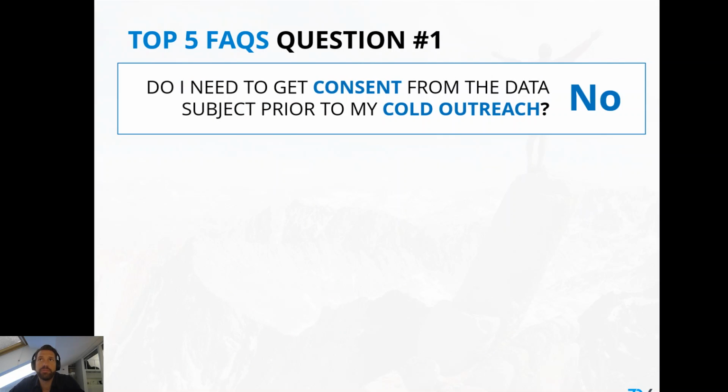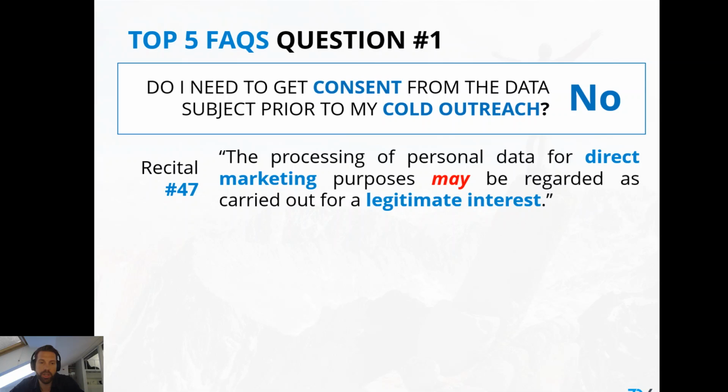The first question we always get in the top 5 questions related to GDPR and sales is: do I need to get consent to do the cold outreach? And the answer is no. It is not that straightforward, but there is a recital. Recitals are bullet points with numbers at the beginning of the legal text.